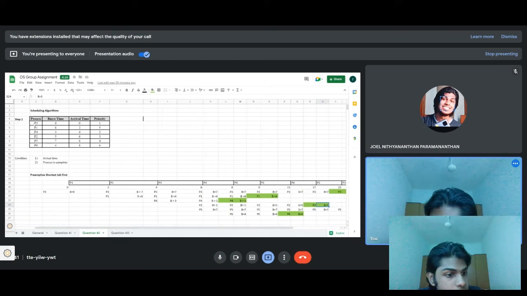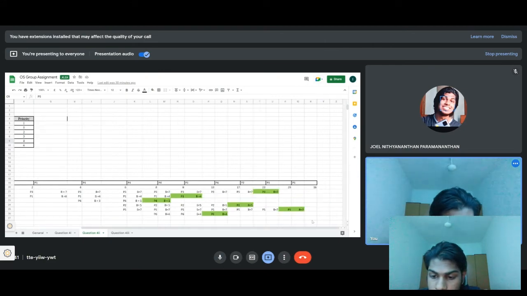Process 3 has the lowest priority, and we have chosen process 3 burst time 7, and thus we'll end up with 29, which is 22 plus 7, 29, and we are left with process 5. 29 plus 7 is 36.